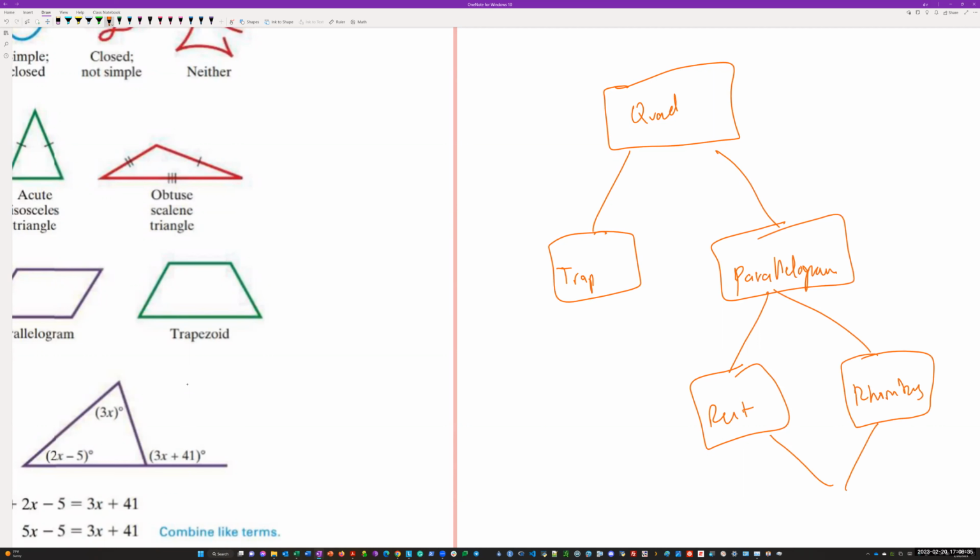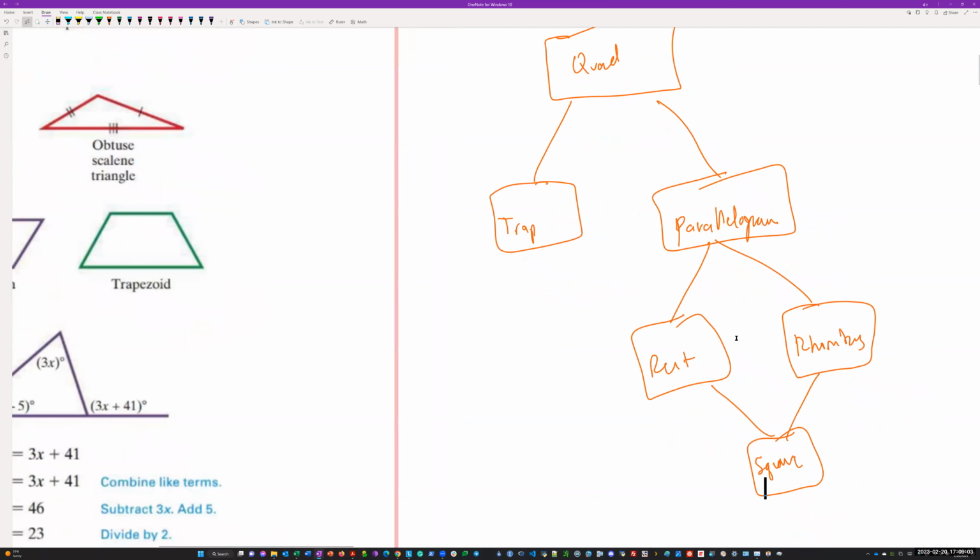And then this is square. So trapezoids are not parallelograms. They have exactly one pair of parallel sides. Parallelograms have 2 pairs of parallel sides. But a rectangle has 2 pairs of parallel sides, so it's a parallelogram. A rhombus has 2 pairs of parallel sides, so it's a parallelogram. Square has 2 pairs of parallel sides, so it's a parallelogram, etc. Does that make sense?